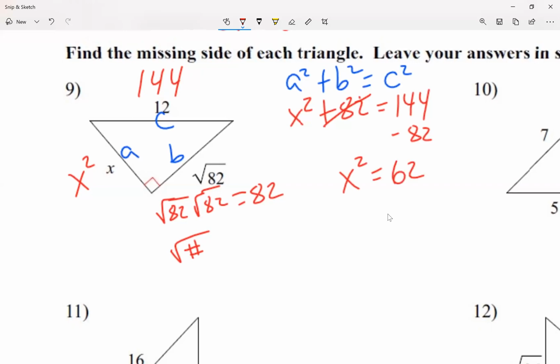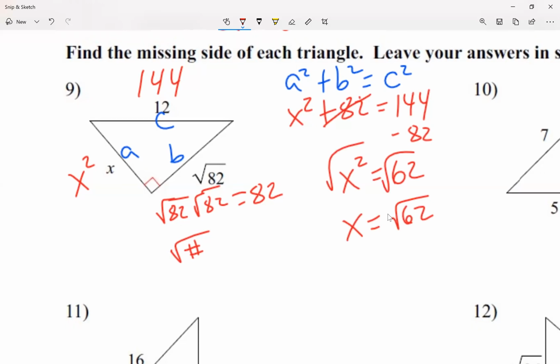I'm not asking you to solve for x squared. I'm actually solving for x. So, how can I get rid of a square? I said earlier, squares and square roots cancel each other out. So x is going to be the square root of 62. Because technically, you do the square root of each side. So x equals the square root of 62.